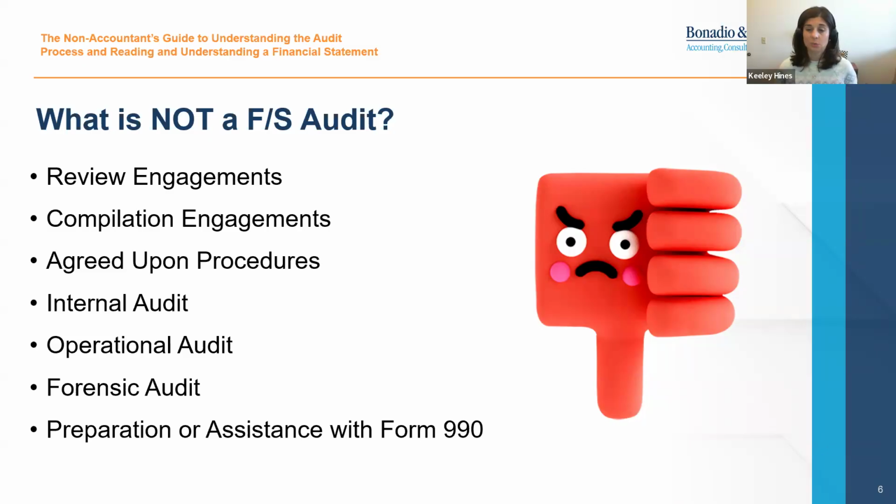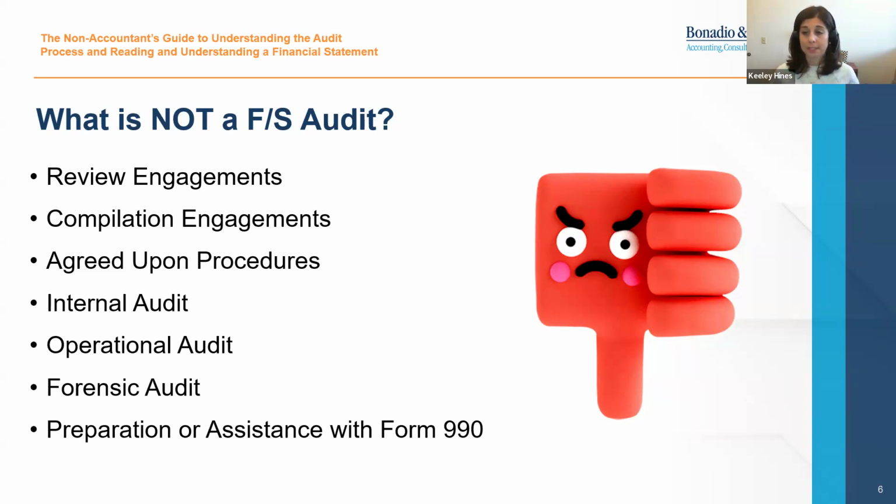A compilation is really kind of how it sounds. It is compiling your financial statement data into a readable document. It does not mean that someone is validating or testing those balances. They're just taking the numbers that were provided to them and assembling them in a more formalized fashion.